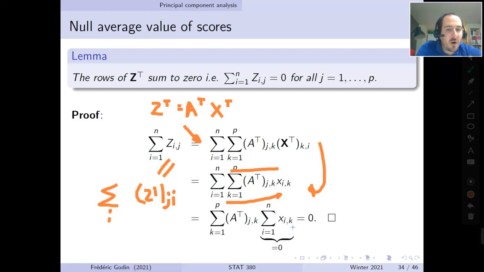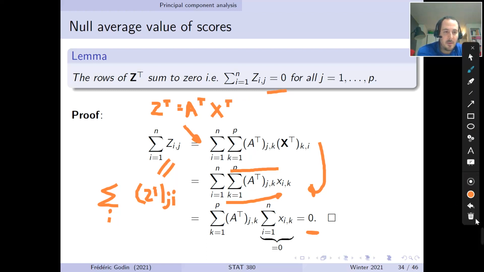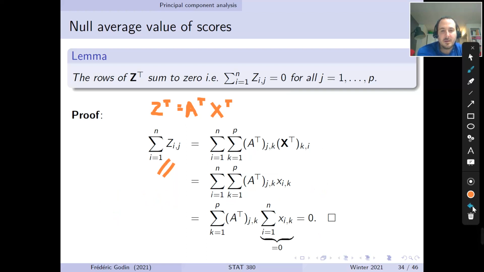And we said that for all predictors k, their sample average is 0, so the sum must also be 0, and therefore this thing is 0, which completes the proof. So what we've shown here is the following lemma: each of the rows of Z transpose sums to 0. So if you sum the scores associated with a given variable with respect to all observations, then the sum of scores must be equal to 0. This result shall come in handy subsequently.